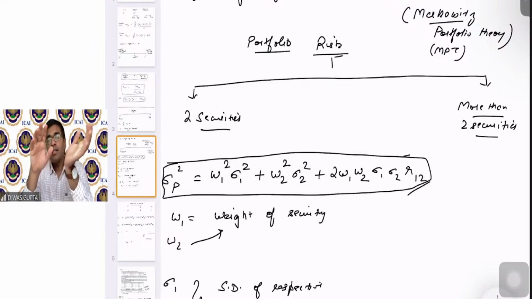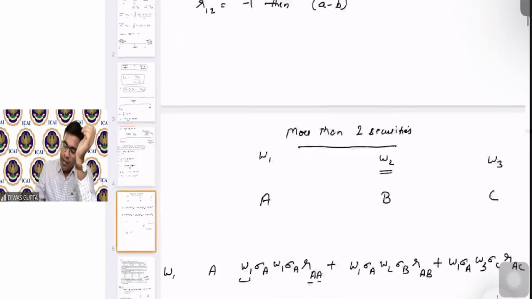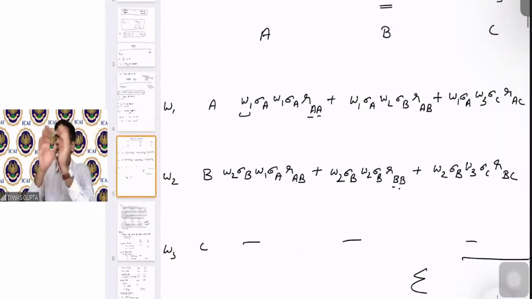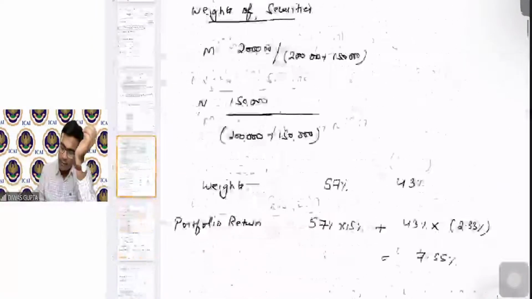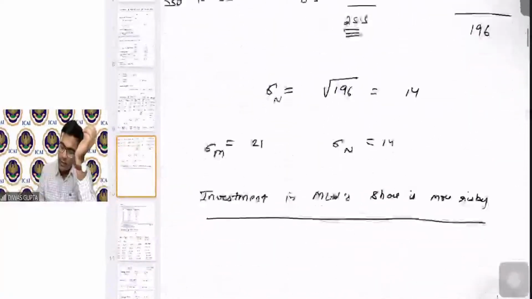If R is something else, then you can simply use this formula that is there. We can also think of different combinations by replacing R wherever it is mentioned by the covariance that we have discussed in a number of questions today, as well as in the previous session. So for more than two securities, we said that we have to follow the matrix approach. We don't have any other choice. Then we did certain questions around these.